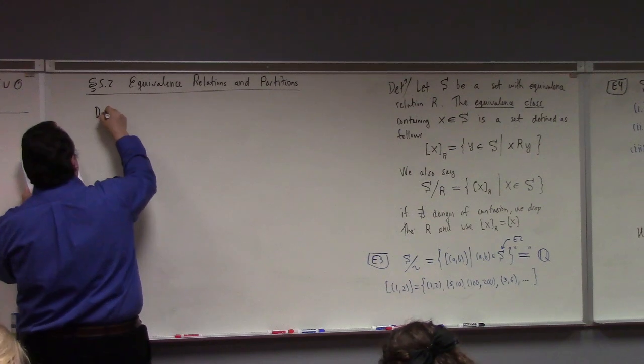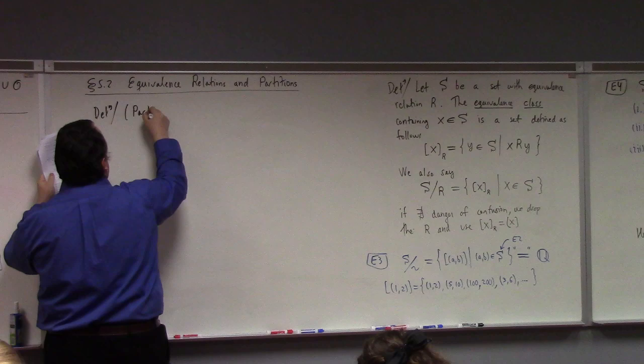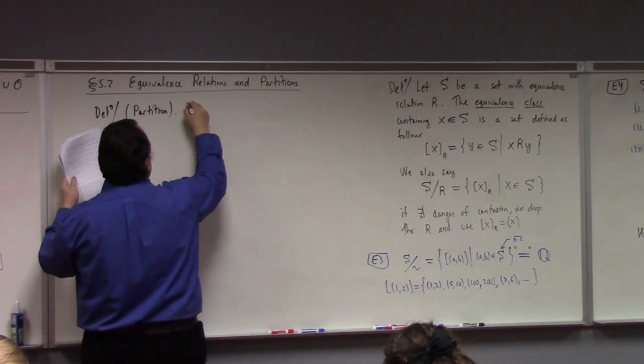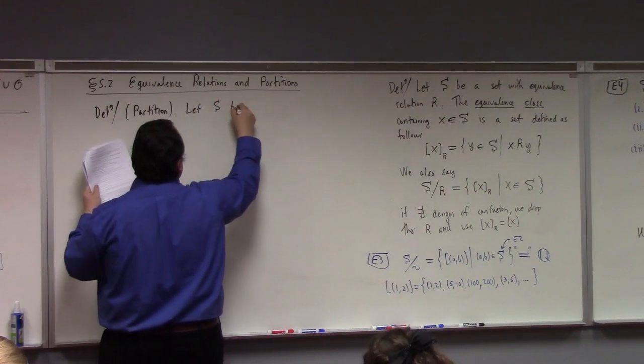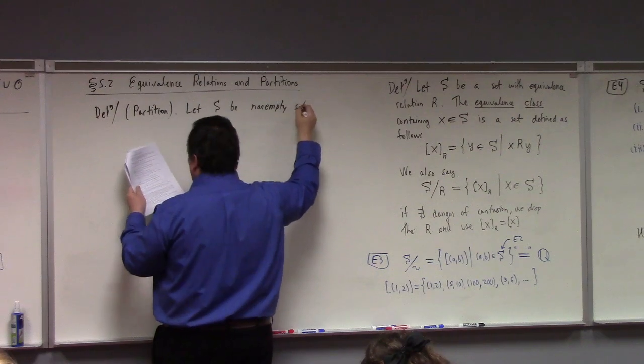So, definition. This is a partition that we're defining. And there's an unfortunate typo in this definition I need to correct. All right, so let S be a non-empty set.